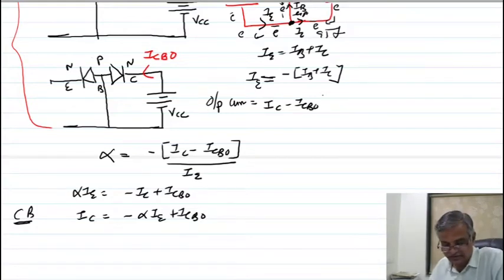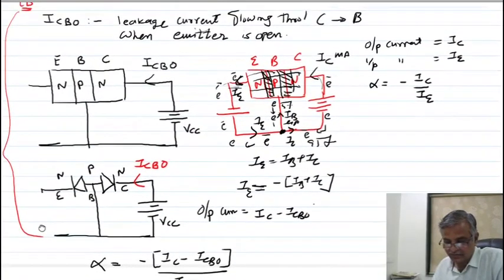Last time I am discussing. Look here. First I will discuss collector cutoff current ICBO. What is collector cutoff current? Leakage current flowing from collector to base when emitter is kept open.